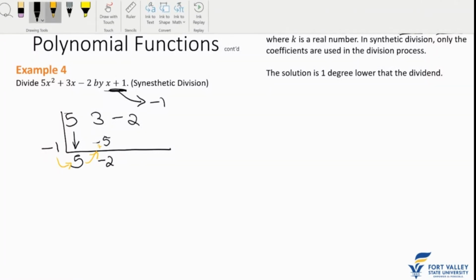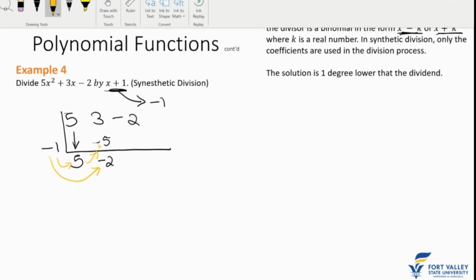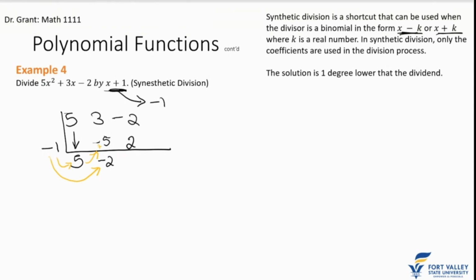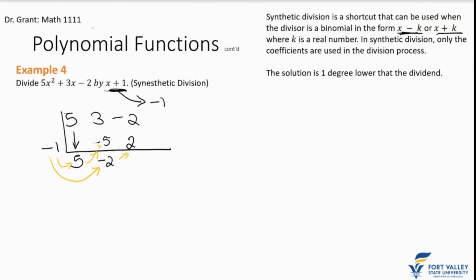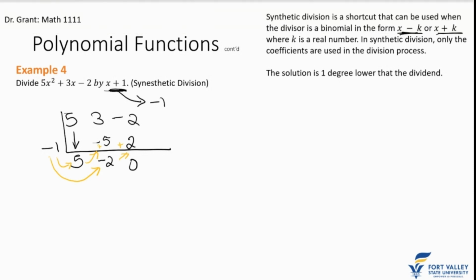And then we're repeating this pattern until we're done. -1 times -2 is going to give us a +2. We put that there. Then we're going to add, and this is going to be 0. And we're done because there's no more left.